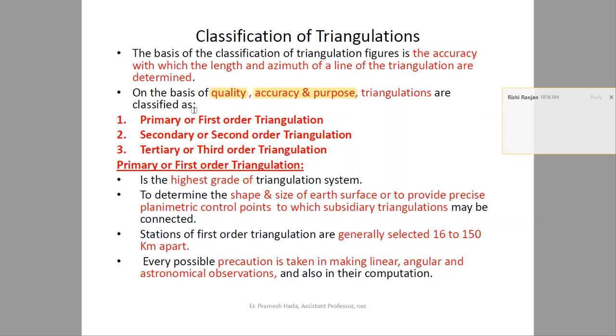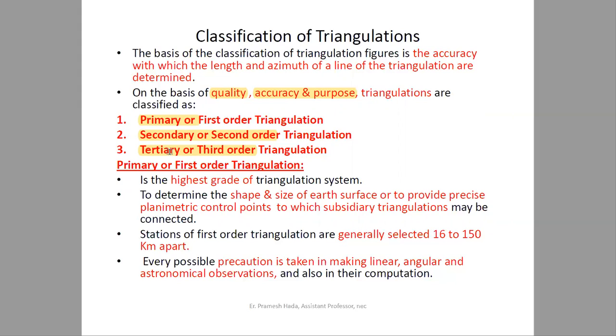So the first classification: first is primary, or first order, second is secondary, or second order, and third is tertiary, or third order. Now, what is the basic difference in all of them, we'll discuss.